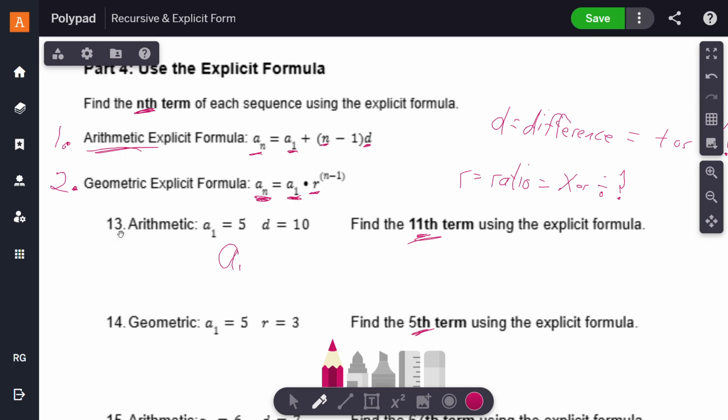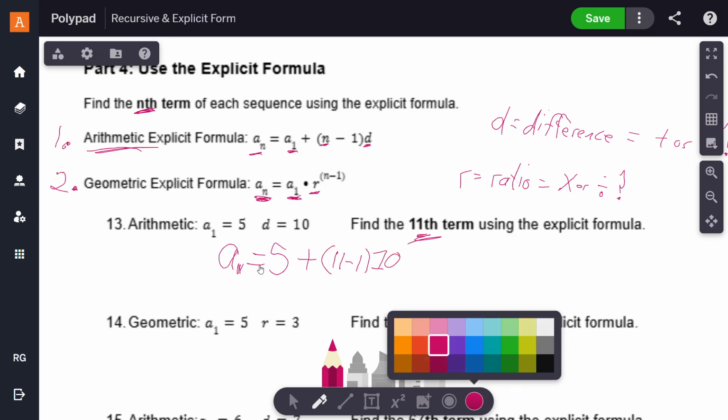So instead of an, we'll put A11 equals the first term value, which is 5, plus n. Again, n is the number that we're looking for. We're looking for the 11th term, so 11 minus 1, times d, our difference, which is 10.